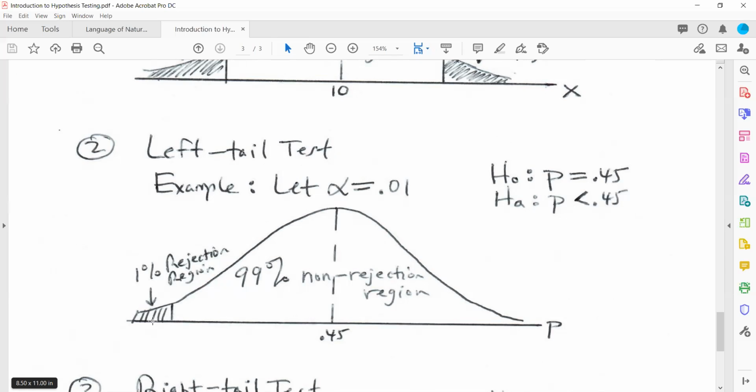At least there's enough evidence to claim that. If the sample proportion is anywhere along the line here, outside of this rejection region, then we say there's not enough evidence to reject the null hypothesis. And that's the conclusion.